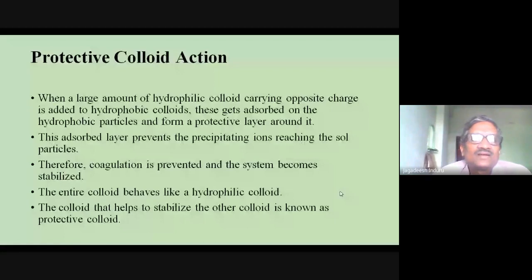So the entire colloid behaves like a hydrophilic colloid, and the colloid that helps to stabilize the other colloid is known as a protective colloid, and the phenomenon is called the protective action of colloid. One colloid is protecting another colloid, and we call that colloid a protective colloid, and the action produced by that colloid is the protective action of a colloid.